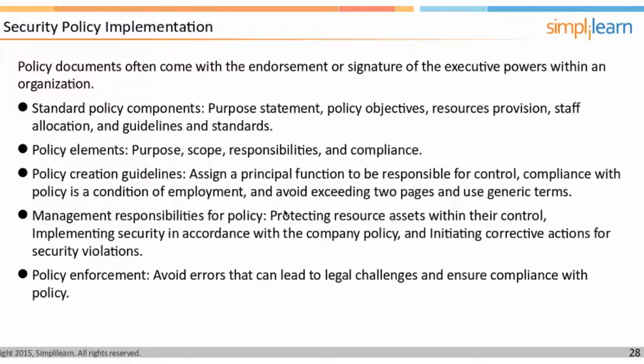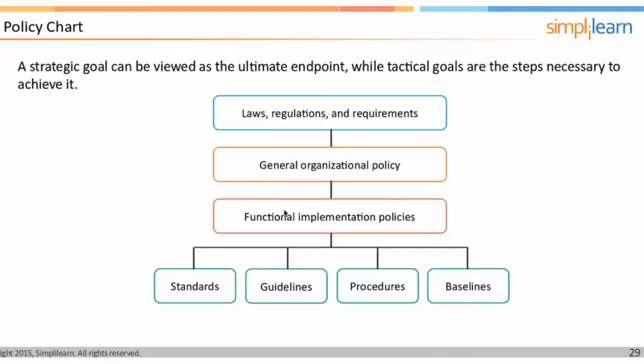Now, like I mentioned earlier on, the policy is a very high level statement, non-technical. So you need certain other documents to support your policies, and those documents are your standards, guidelines, procedures, and baselines. And look at this chart here. So it makes a lot of sense that at the top is the land of the laws, the regulation, and requirements.